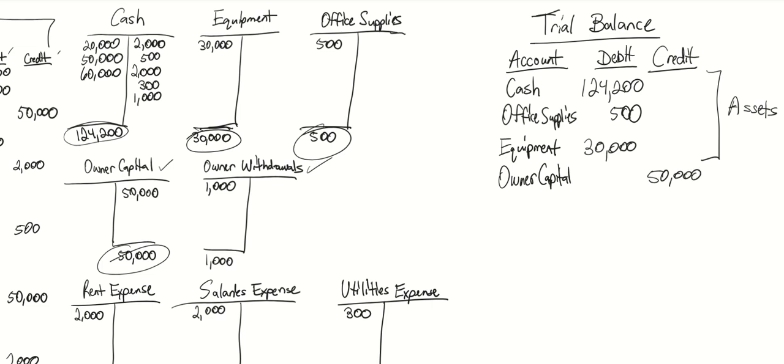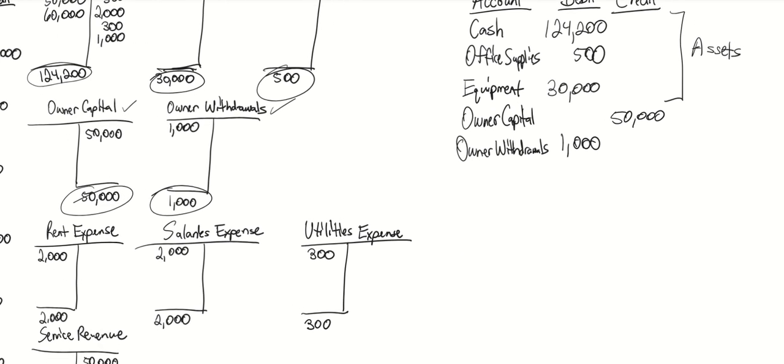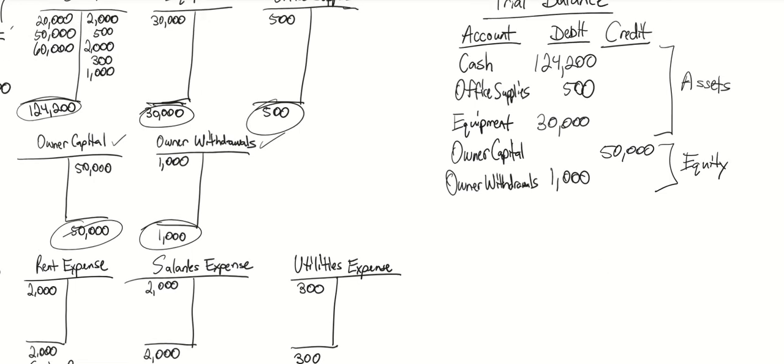Next, we have our owner withdrawals. We have a debit of $1,000. And that's it for equity. So I'm going to put on here equity. But again, remember, liabilities need to be displayed in between assets and equity.